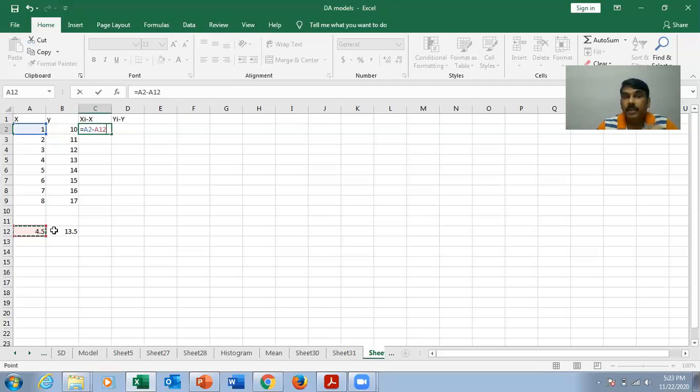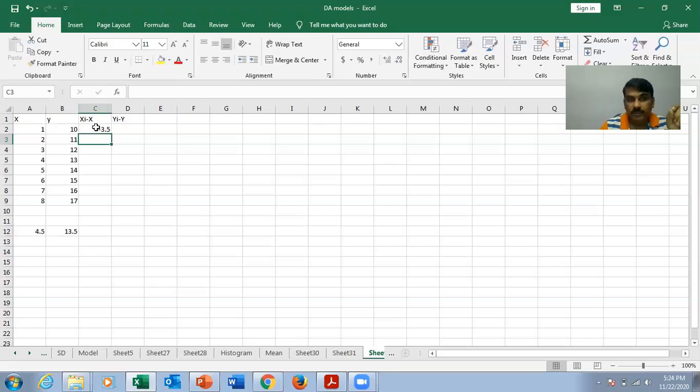So we have to fix this value. What we should put here is the dollar sign. You have to fix both, the column and also the row. So in both places we have to fix the value.